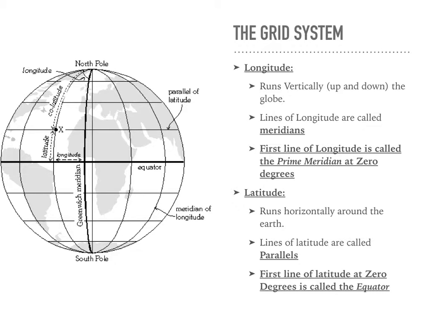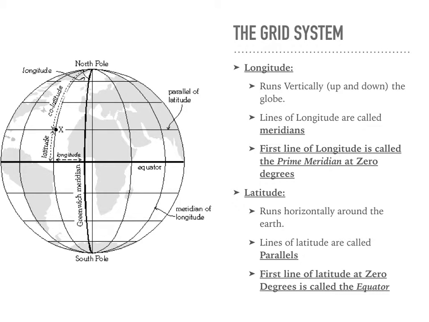Lines of latitude run horizontally around the Earth. Sometimes they're called parallels because they do not touch. Remember from your geometry studies, parallel lines don't touch. So sometimes latitude's called parallels. The first line of latitude at 0 degrees is called the equator.